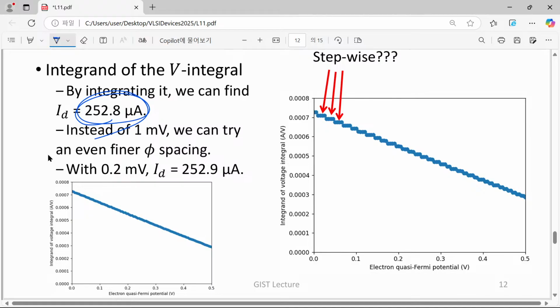So simply speaking, if you perform this Pao-Sah double integral, first of all you need a computer and some coding, and for that purpose, the most critical part is finding phi s as a function of the given electron quasi-Fermi potential. Once you calculate it, you can just perform the Riemann sum twice, and then you will have the value.